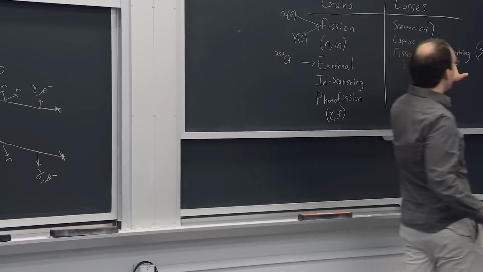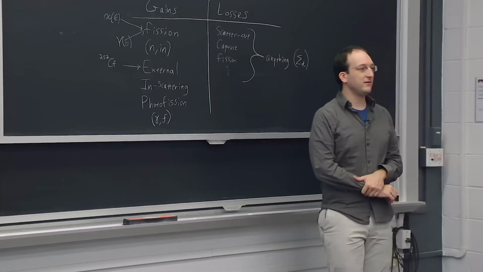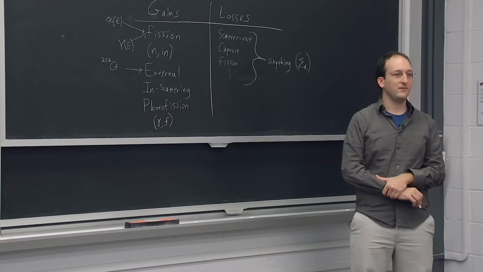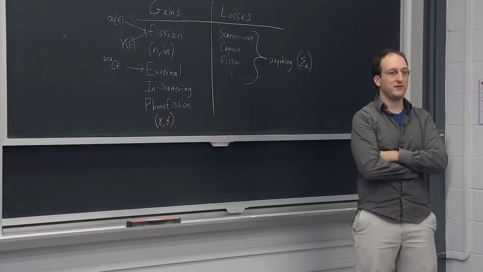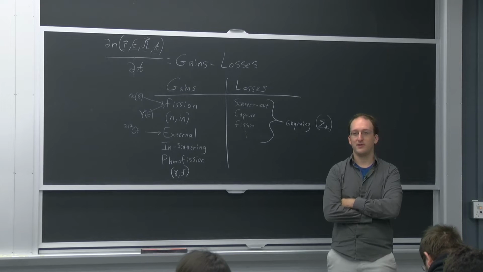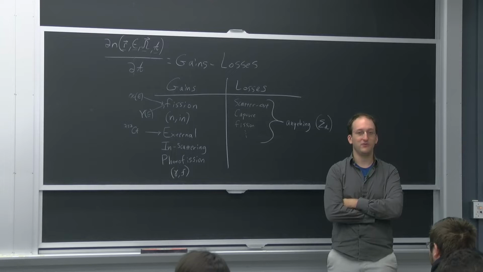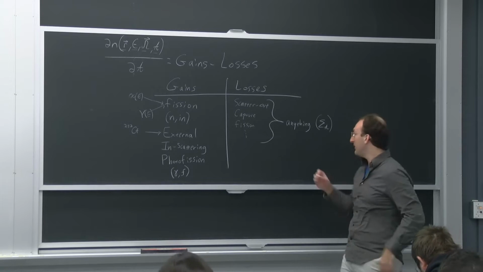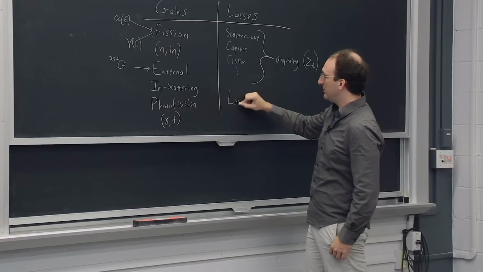So any reaction takes care of energy and angle. What about volume? How do neutrons leave the control volume? It's simpler than it may sound. They just go. They just move. The neutrons are always moving, right? We'll call that leakage.